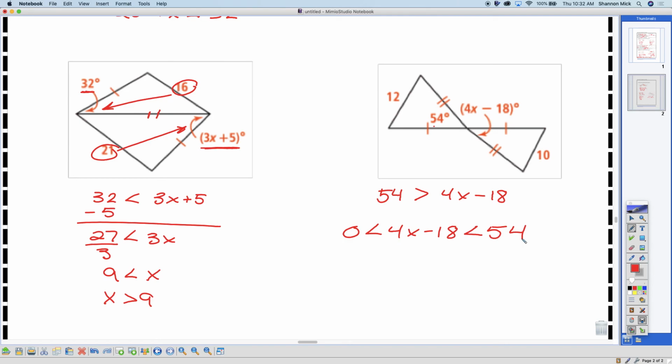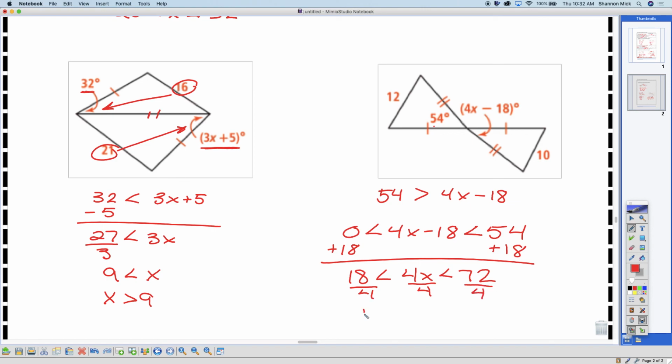Okay, so then I add what? 18 to everything, right? So I get 18 is less than 4x, which is less than 72. And then divide everything by 4.